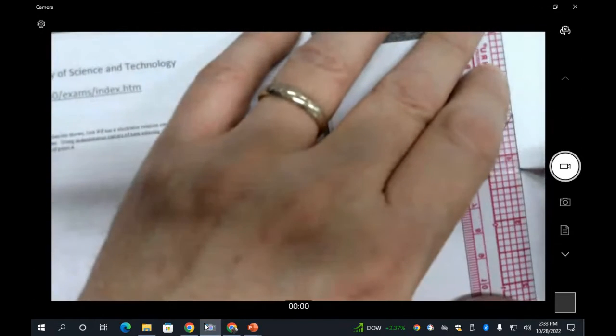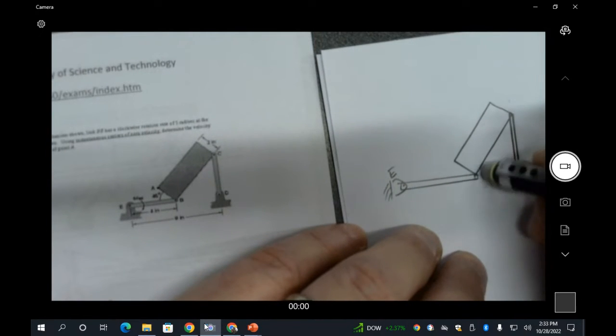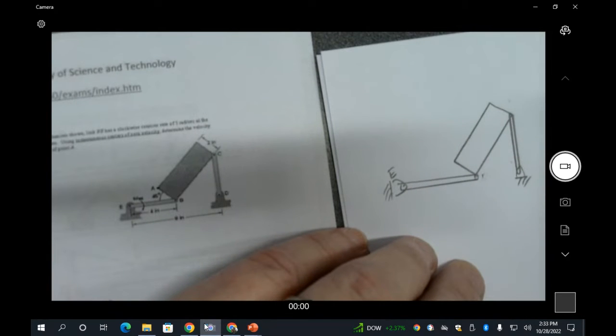And if I drew it correctly, but I probably didn't. I didn't really make it to the correct proportions right there. Well, there's a little bit of difference.